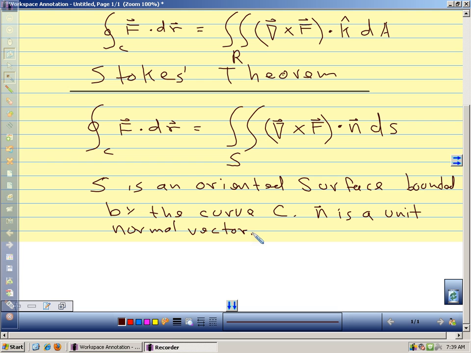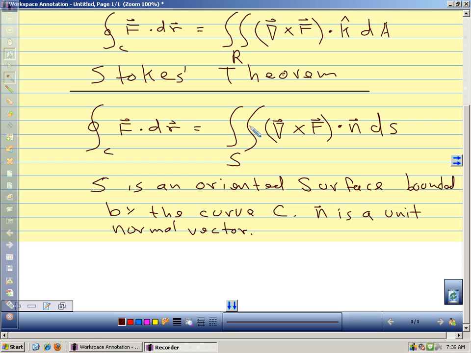So what Stokes' theorem tells us is that the sum of the tangential component of F around the boundary of this surface is equal to the sum of the normal component of the curl over the surface. And again, this is an extension of the fundamental theorem of calculus.